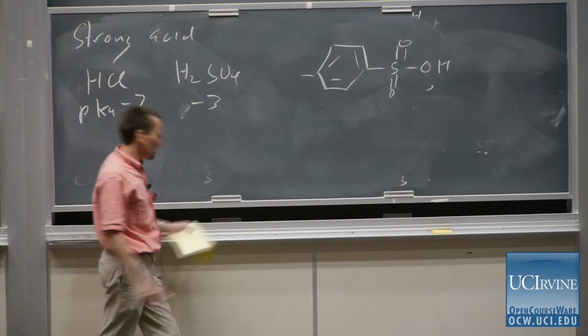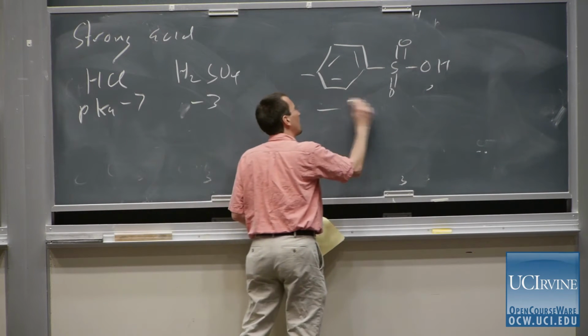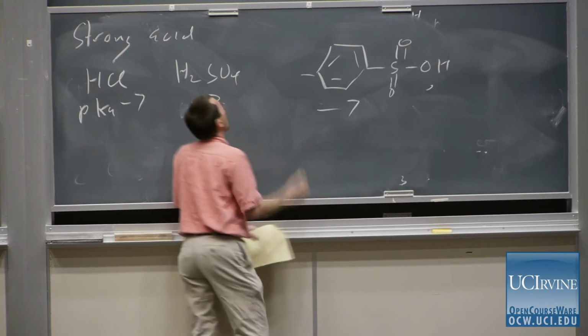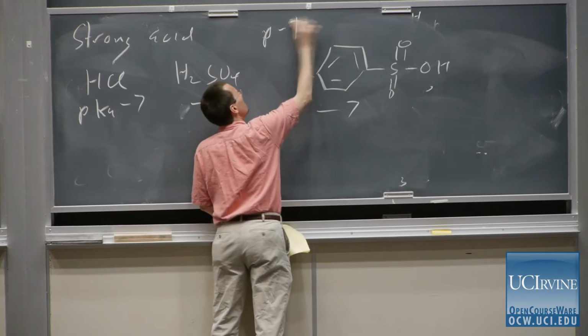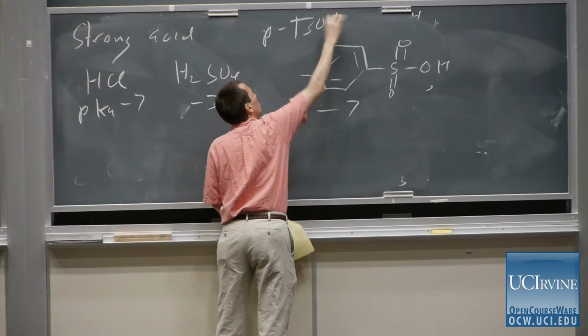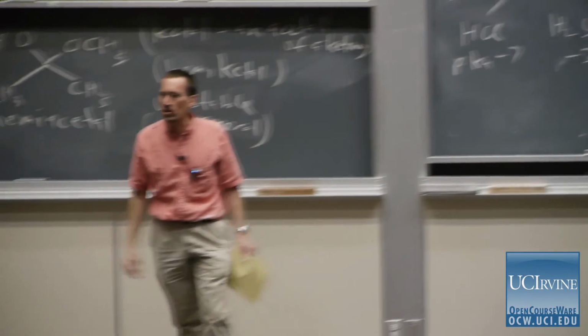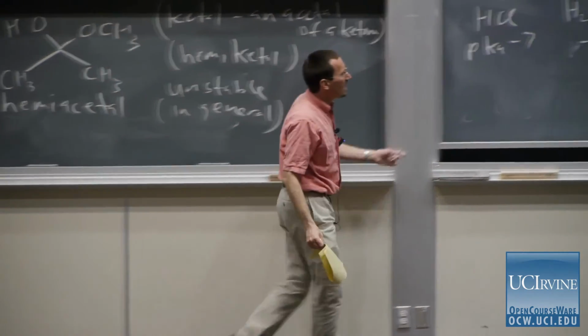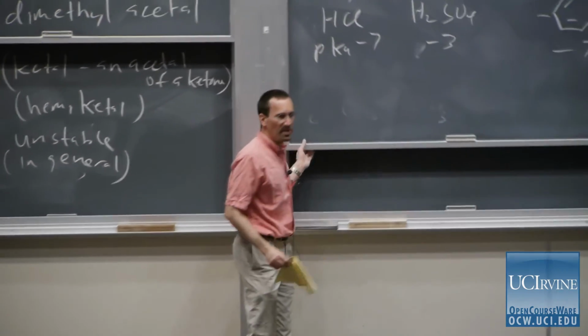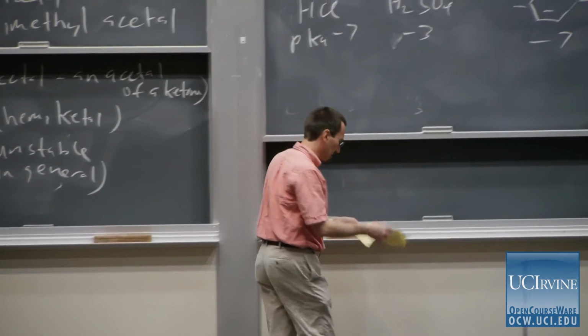The benzene is actually electron withdrawing, so the pKa of tosic acid is about, I'll just write this here, PTSOH is how you usually see it abbreviated, which is a fancy name for paratoluene sulfonic acid. Anyway, pKa of -7, again, a very strong acid.